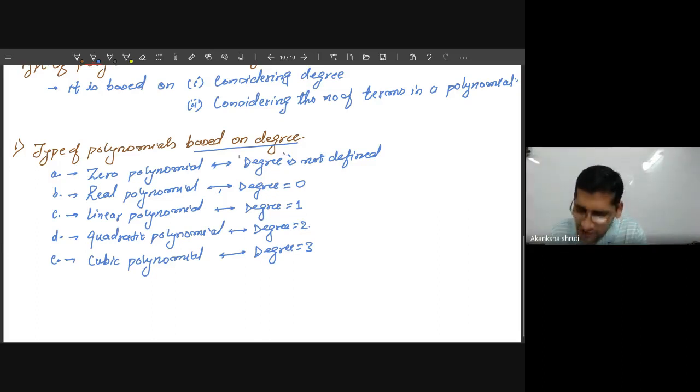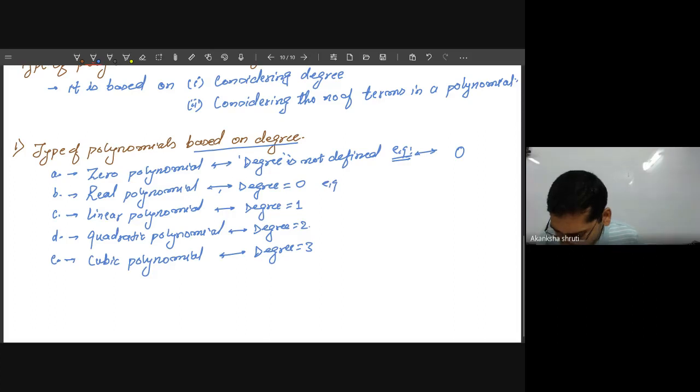It is not unique. An example of the zero polynomial is 0 only. Why it is called the zero polynomial and why the degree is not defined, we will also discuss.